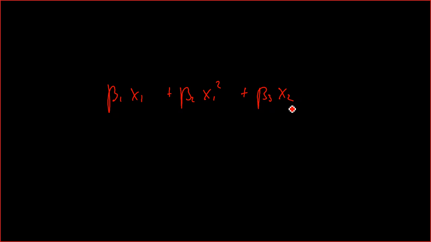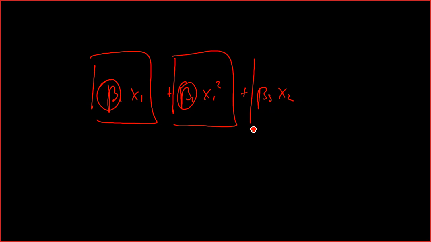This is still linear because we have one term with its coefficient plus another term with its coefficient plus another term with its coefficient. This is a linear model. Again, the problem here is that we have collinearity between those two. That means essentially that these two terms are going to be correlated, and that could imply other problems for the model. But the model is still linear.